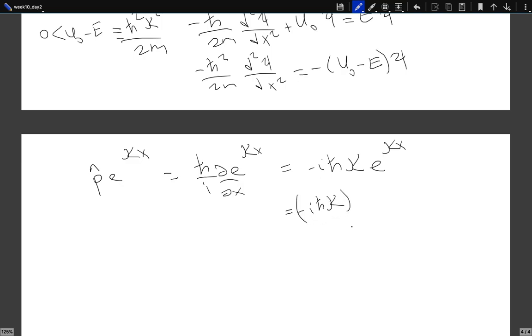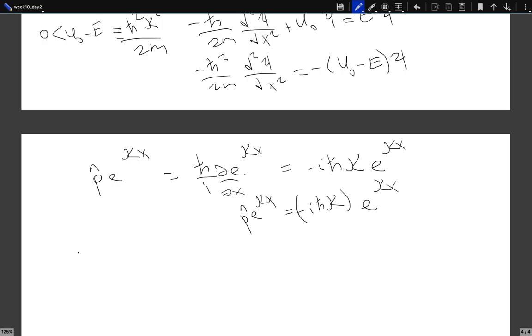This is why I have that minus i. Well, if I would identify a momentum with this particle, it's imaginary. There is no particle over there. I cannot really give a momentum there.